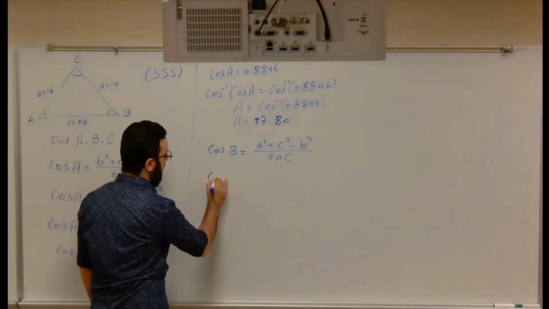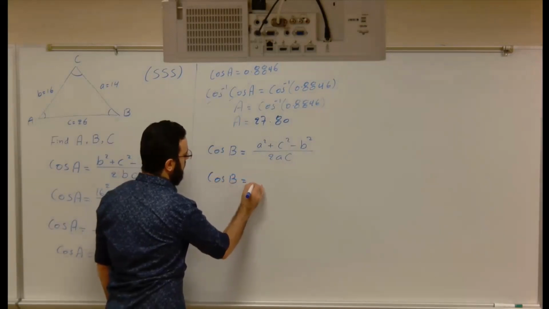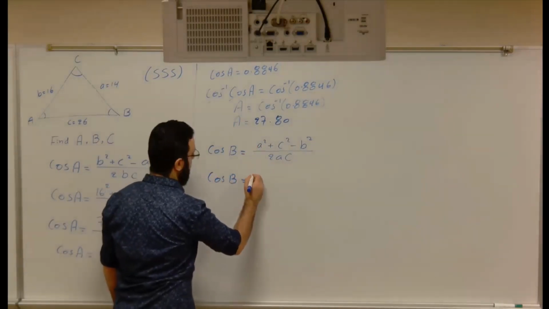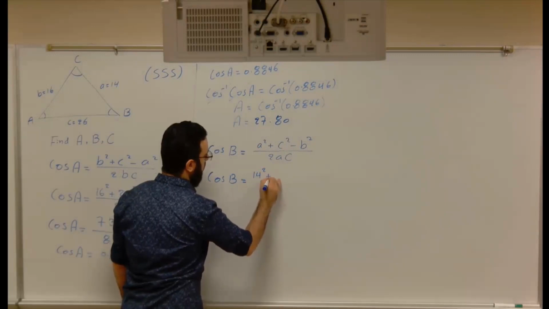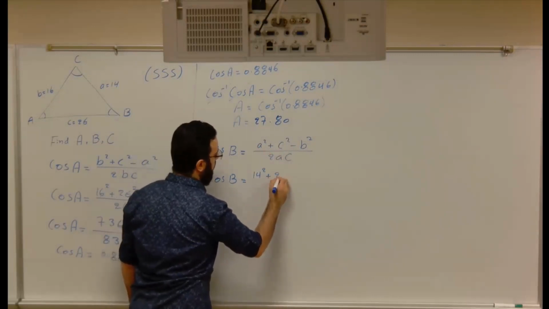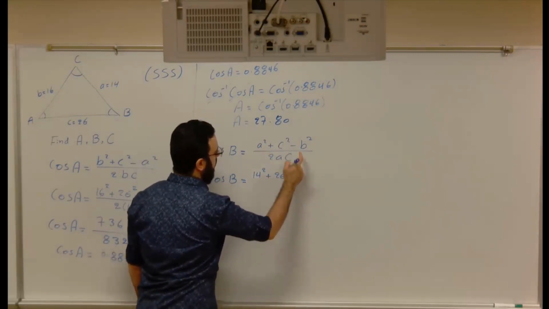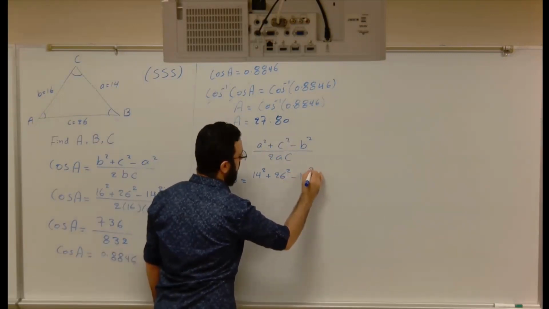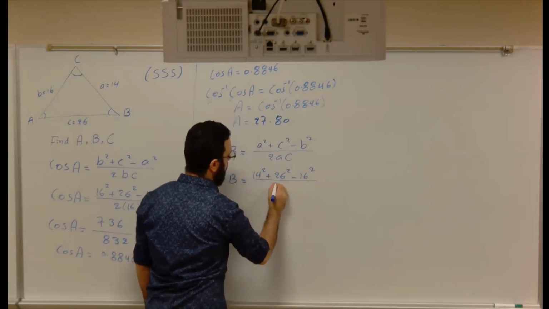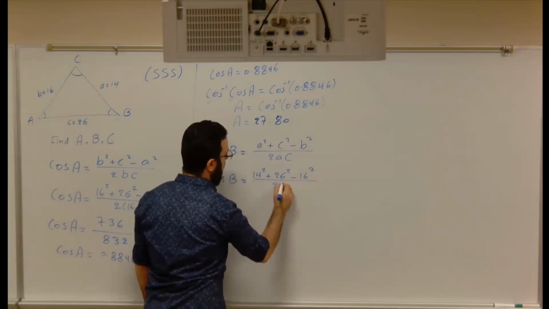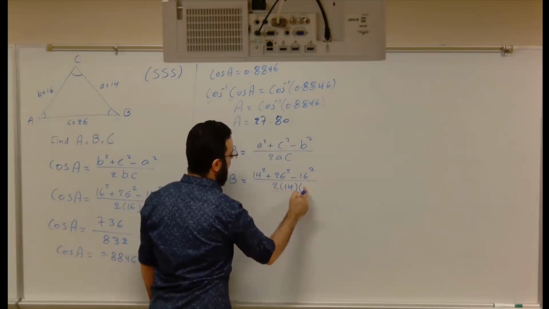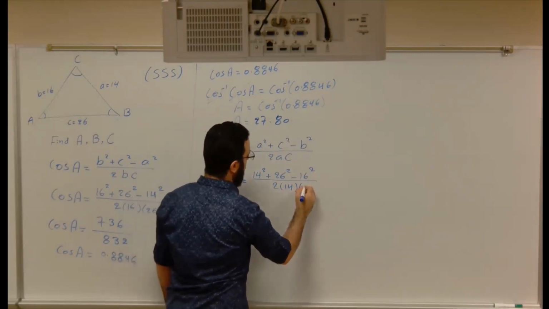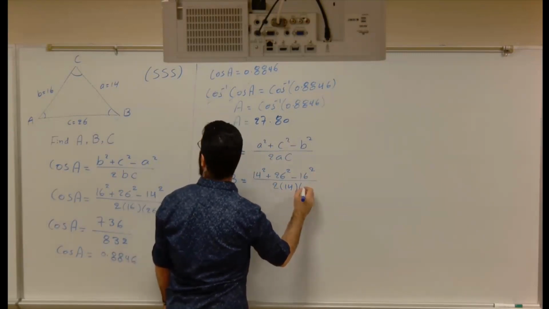A squared plus C squared, 26 squared, minus B squared, 16 squared, divided by 2 times A, which is 14, times C, 26.